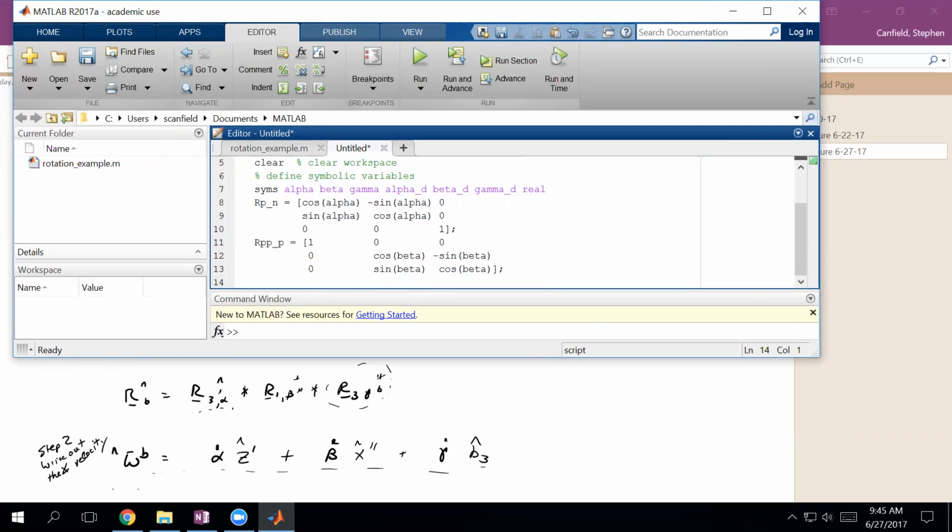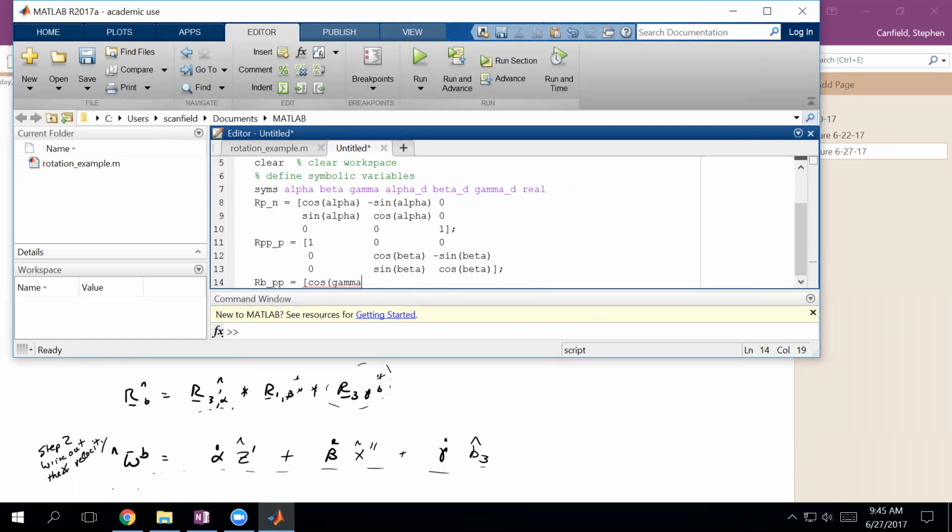And then finally, my rotation from B to the double prime, kind of got a goofy notation here, is a rotation around the 3 by gamma. So I get the same thing I did the first time.